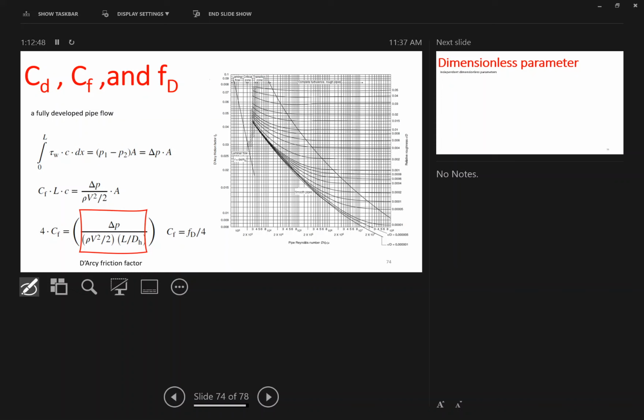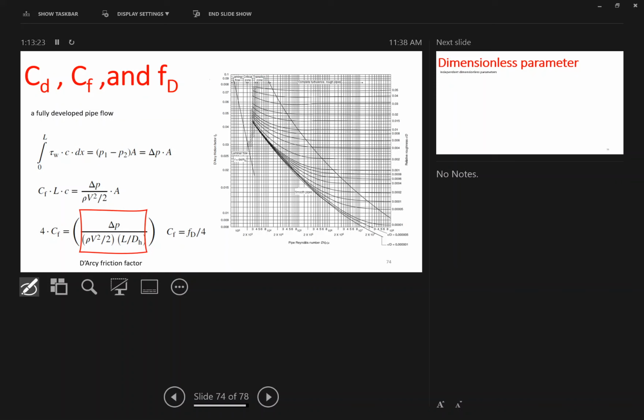If you have passed the fluid mechanics course or aerodynamics, you have seen the Moody diagram. The Moody diagram helps us calculate the friction coefficient, essentially, for a fully developed pipe flow. After doing the integration and relating the shear force to the pressure force, you can eventually prove that 4 multiplied by your friction coefficient is equal to this value.